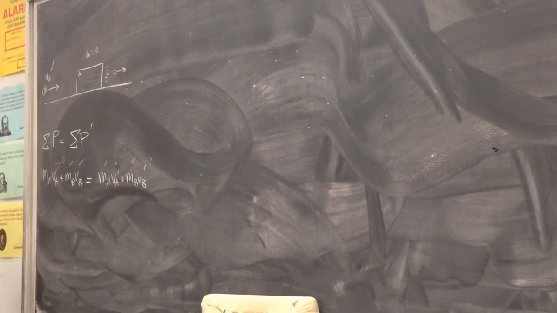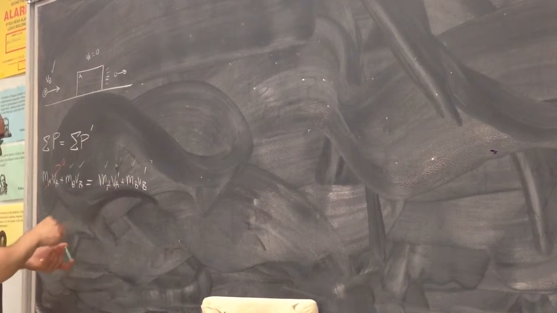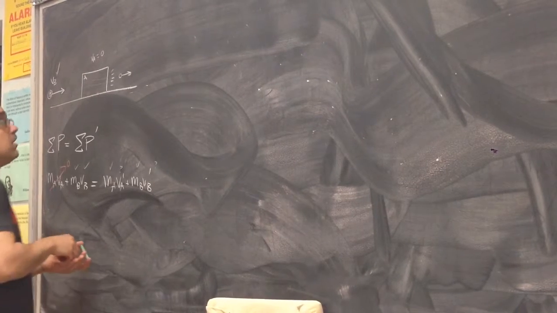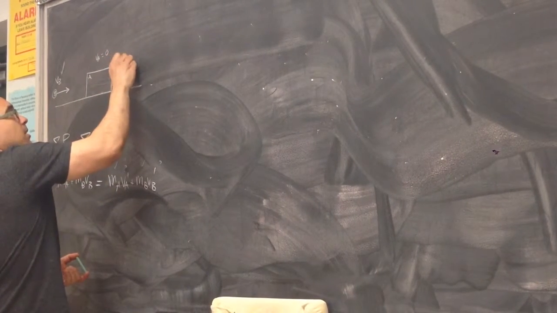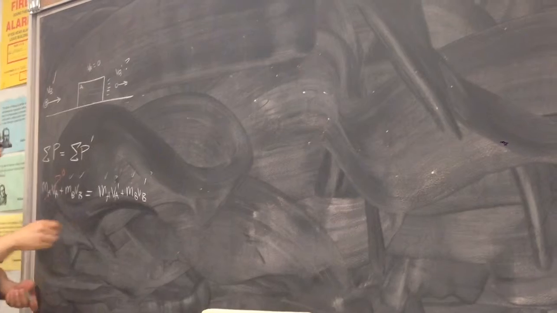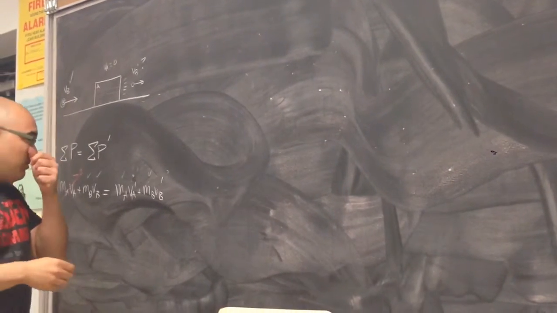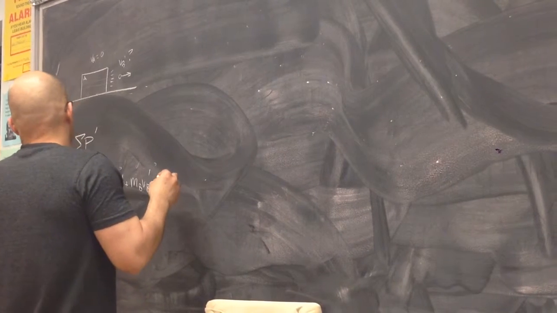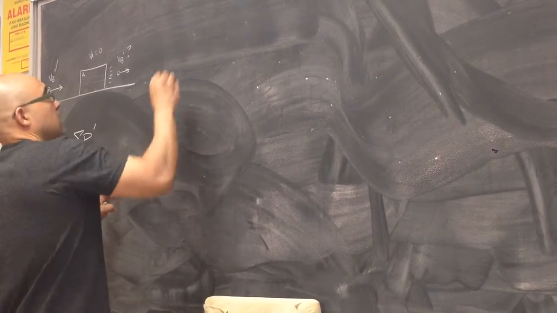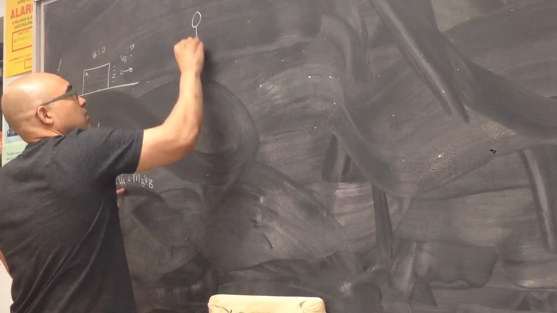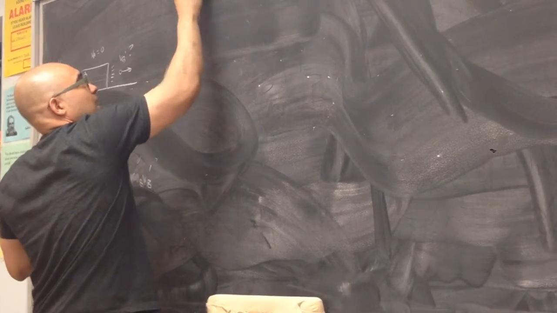So instead, this is what we're looking for: vB prime. We've got to find vA prime, and we're given some information here. So we've got a brick.